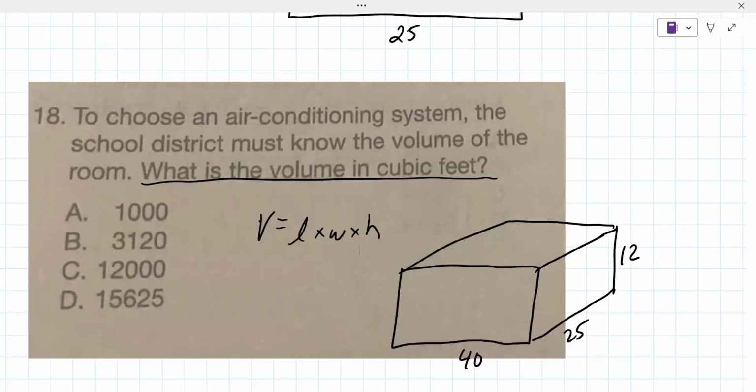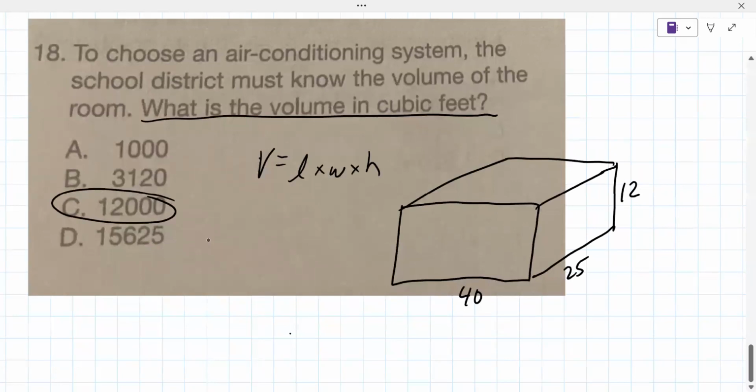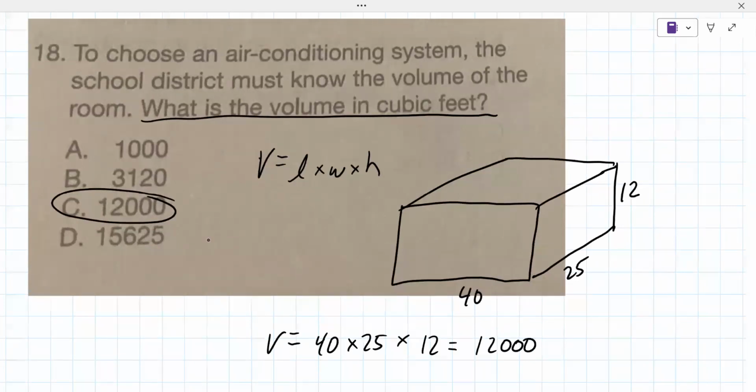So the volume would be 12,000? Would it be C? Yep, you got it. So it's 40 times 25 times 12, which is 12,000.